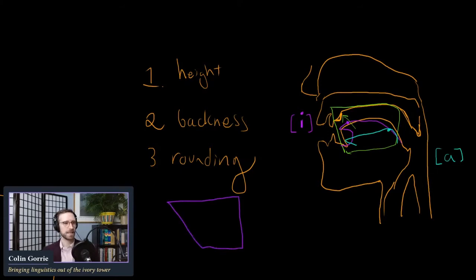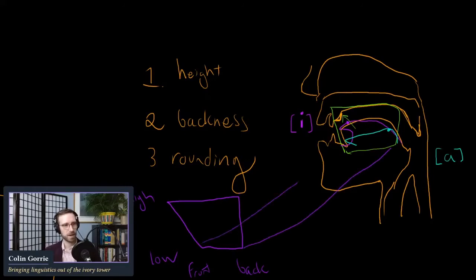So this is the high part up here, and this is the low part down here. And then we have the front at the left side and the back. And so this maps on to this green shape over here. Am I doing this right? Yeah. This area here.